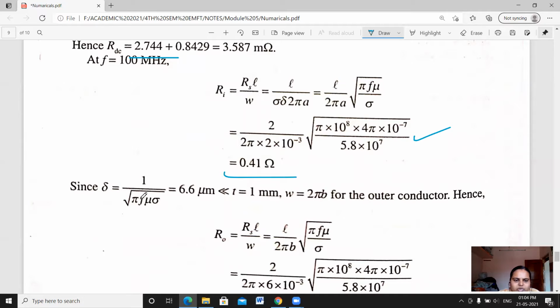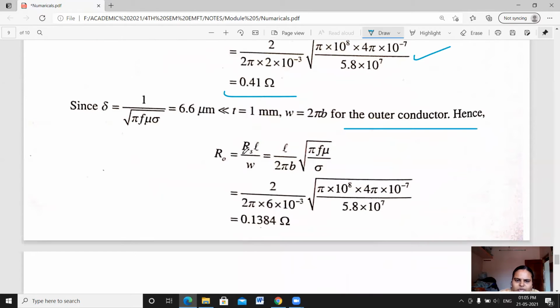Since delta is equal to 1 divided by the square root of pi f mu sigma, when you substitute here you'll get 6.6 times 10 raised to minus 6 meters, which is less than T, that is equal to 1 millimeter.